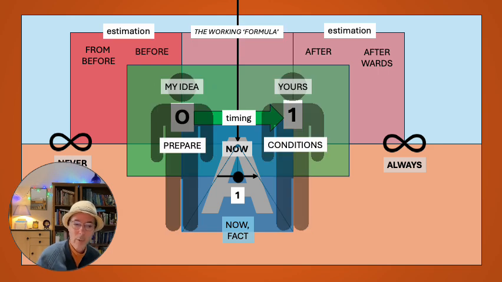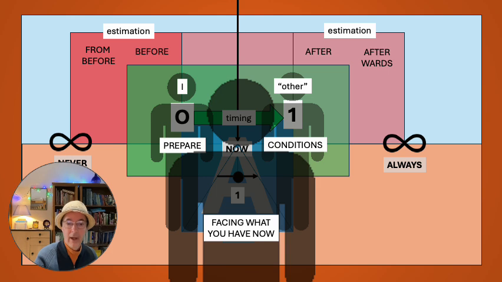So when we start from the 0 point, we start with the focus as if it is our vision, our idea, and we deal with it, whether it works or not. The conditions are vaguely associated with someone else, the other point, and so on. They are mostly suggested in language, in conversations, and we try to face immediately what we have now.